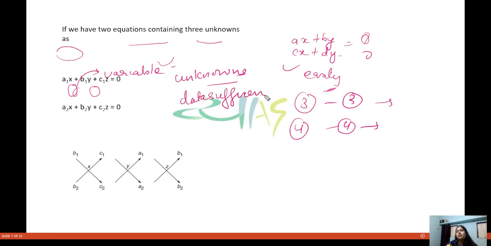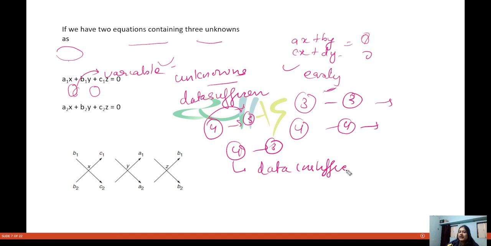For example, if you are given four equations and three unknowns, yes, data is sufficient, and it is more than sufficient. But if you have four unknowns and three equations, then you cannot find the answer because data is insufficient. You cannot find the exact answer, but you can still find the ratio.